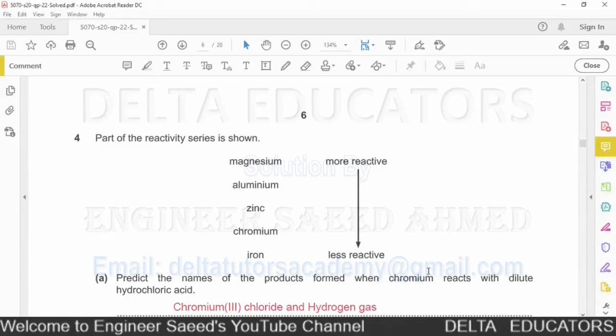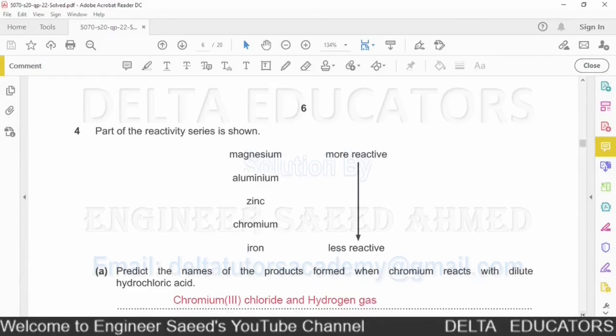Now when we react chromium with hydrochloric acid, chromium is more reactive than hydrogen. So chromium will replace hydrogen from hydrochloric acid and chromium chloride will be formed. Along with chromium chloride, hydrogen gas will be evolved. So here the products formed will be chromium chloride and hydrogen gas.